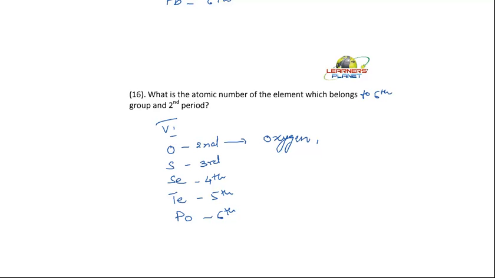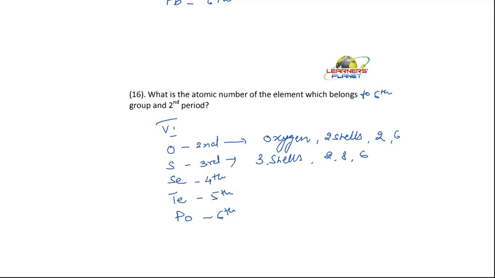What would be its electronic configuration as it is present in the 2nd period? It will have how many shells? 2 shells. It is present in the 6th group. So what will be the number of valence shell electrons? It would be 2 and 6. Likewise, your sulfur, it has 3 shells.